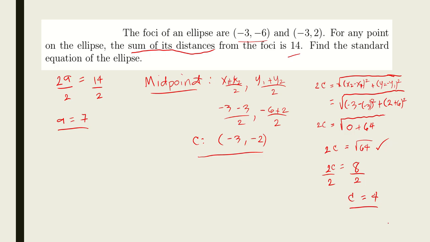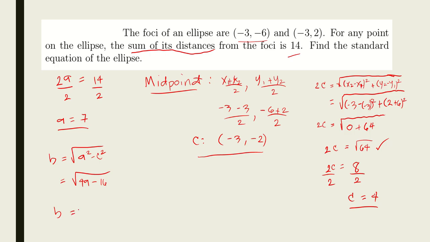We have the A, we have the C. We can now make use of the formula that B is equal to the square root of A squared minus C squared. And that is equal to the square root of 49 minus the 4 squared is 16. So you can make use of your calculator, or that's manually 49 minus 16, and the answer is the square root of 33.